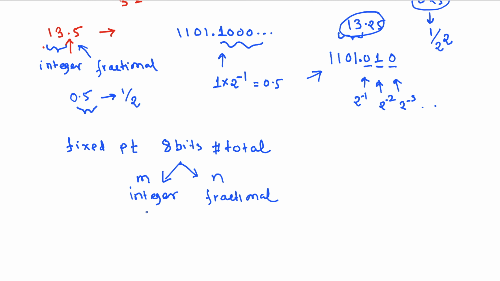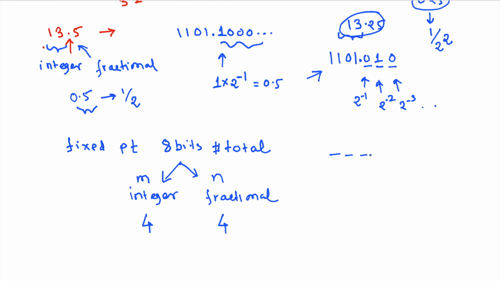Let's assume that this is an unsigned number. Say we represent four bits for the integer and four bits for the fractional point. So this is a fixed number of bits.